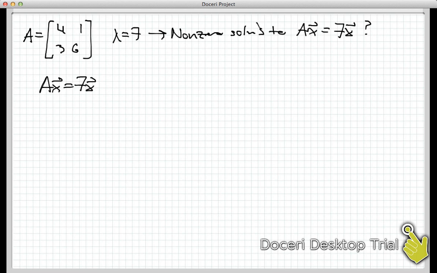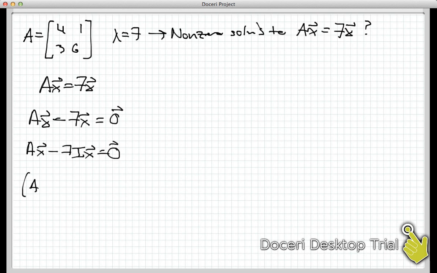And just do some basic algebra on this. Let me subtract the 7x from both sides, and I have Ax minus 7x. Again, this is equal to the 0 vector. I can't subtract 7 from A, so I need to put in this identity matrix right here. And now let me pull out the factor of x here. So I have A minus 7I, times x, equals the 0 vector.